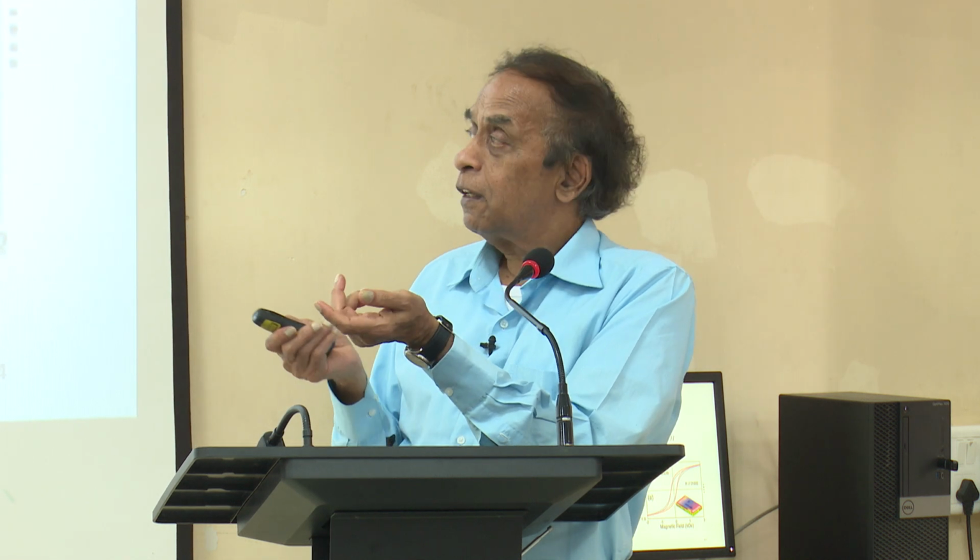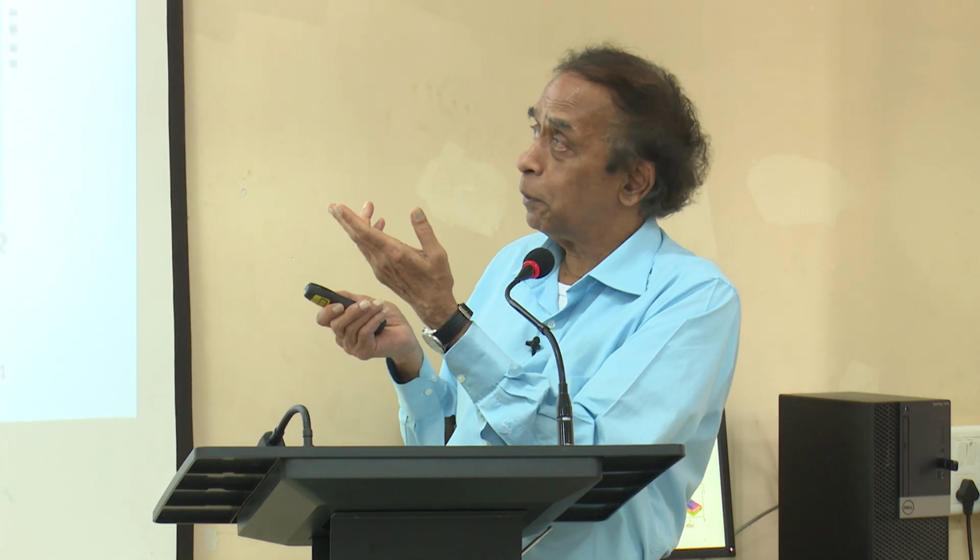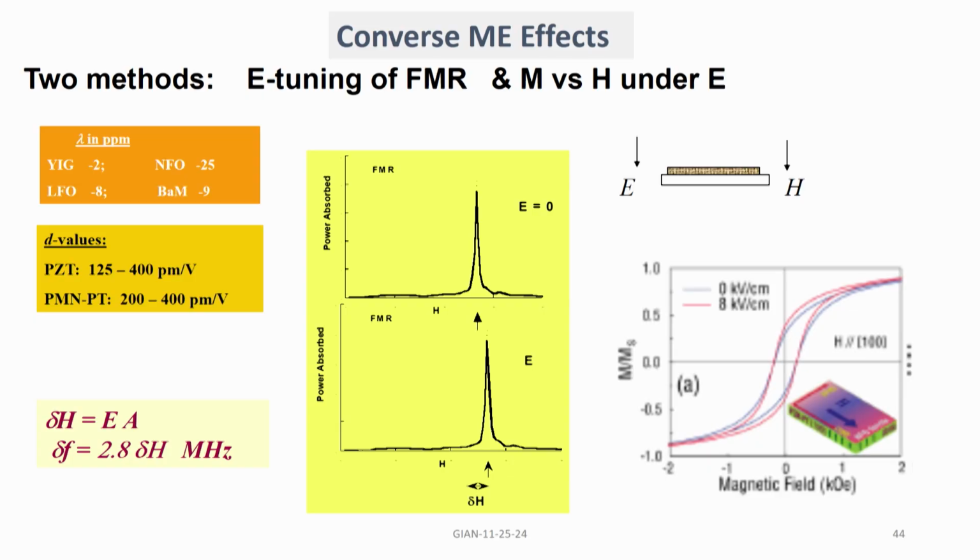But we are now turning to converse magnetoelectric effect, where the studies are aimed at what happens to the ferromagnetic phase if I apply an electric field to the composite. So there are two types of major measurements for this. One is ferromagnetic resonance under an electric field. The other is you can measure magnetization versus static field, M versus H, the traditional hysteresis, then apply an electric field, look for change in the magnetization because of that. Okay.